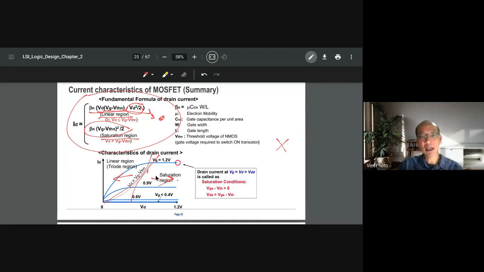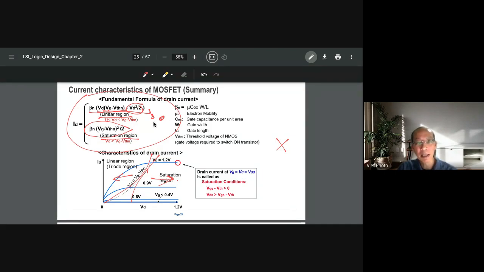The transistor or circuit operates here or here when it switches the state from 0 to 1 or 1 to 0. So most of the time it will be in one of these. In the saturation region, the ID will be proportional to the square of VG. That's the first thing.